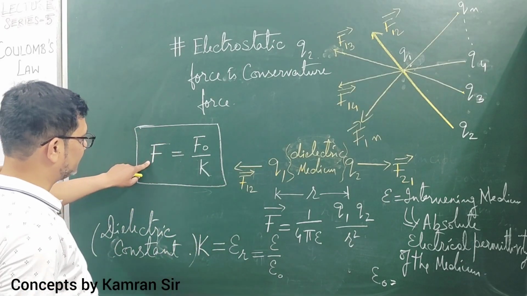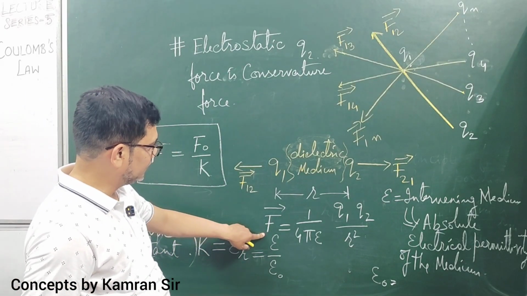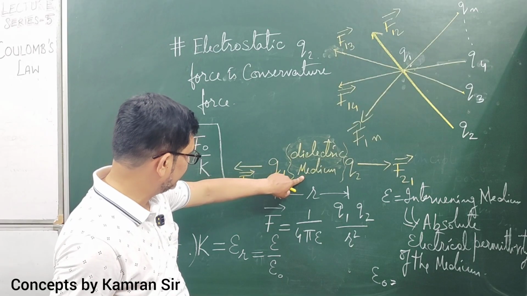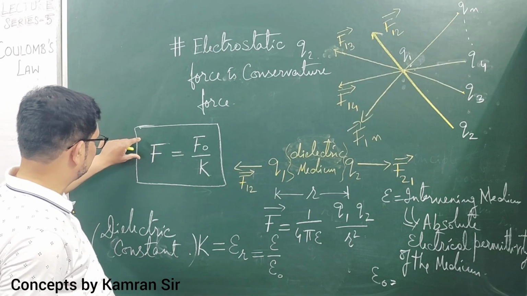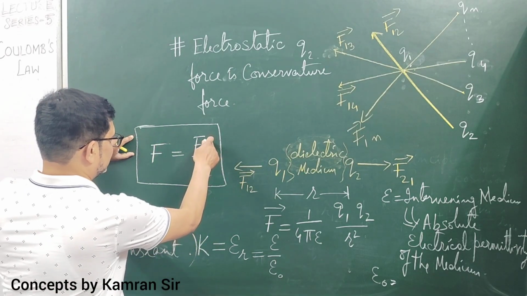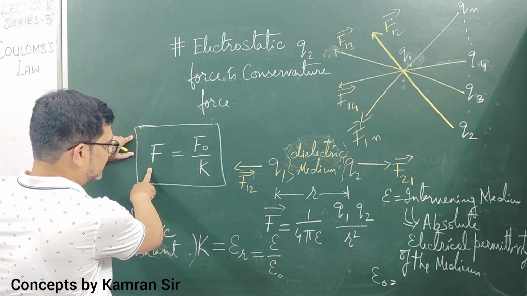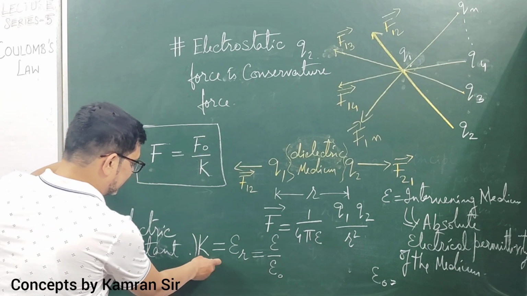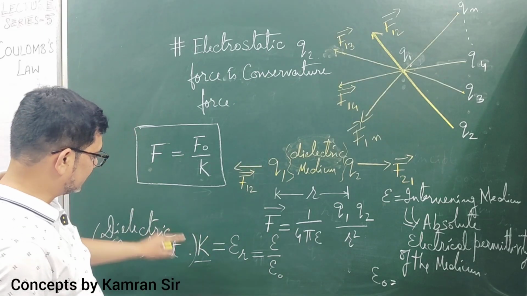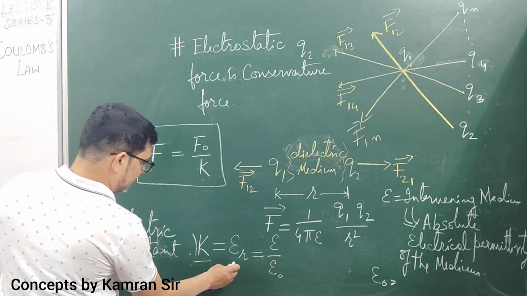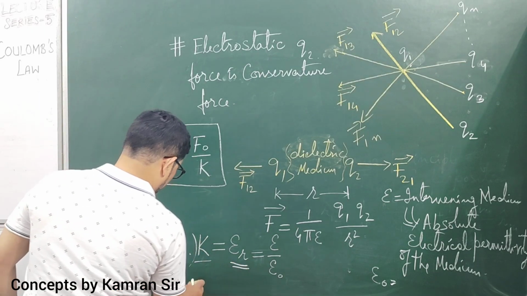If F is the force when you use a dielectric medium, then the effective force gets reduced. F naught would have been more, but because of the dielectric it has been reduced by a factor K.